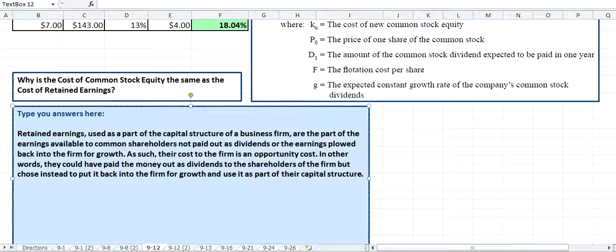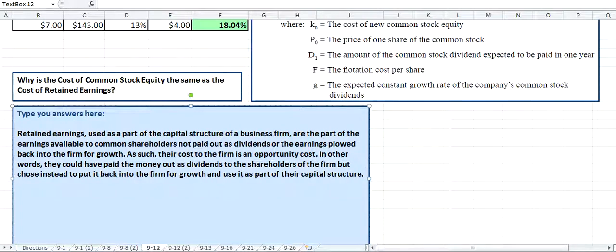And they can be made available to the common shareholders as dividends, or they can be put back or reinvested back into the firm to finance capital growth or expansion, right? So the way you think about that is the cost to the firm is an opportunity cost.